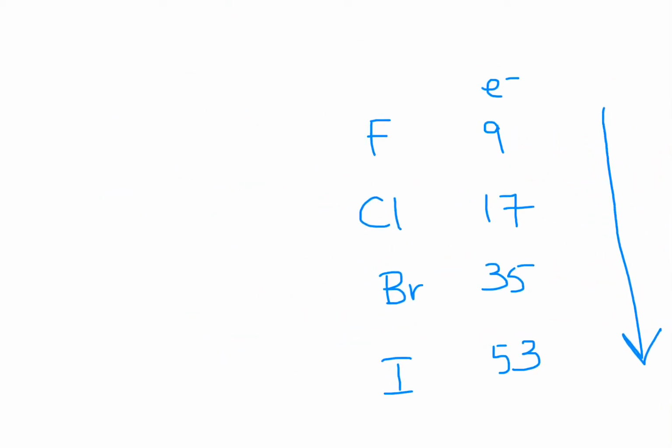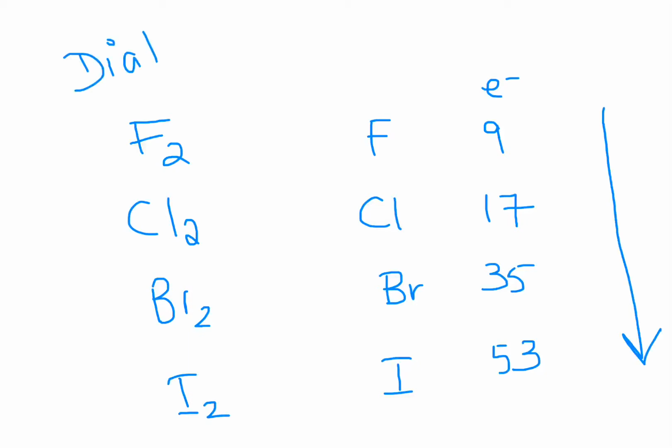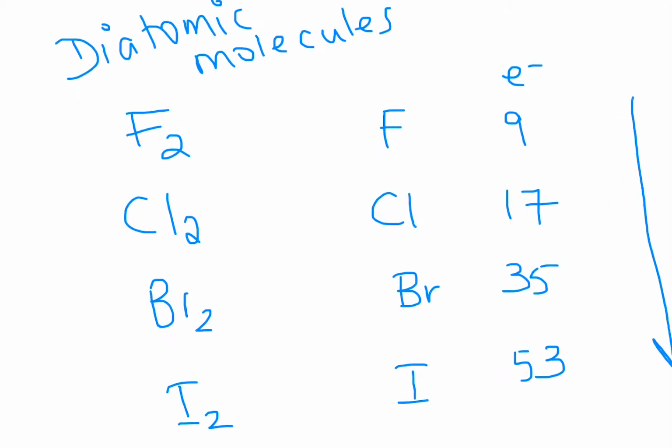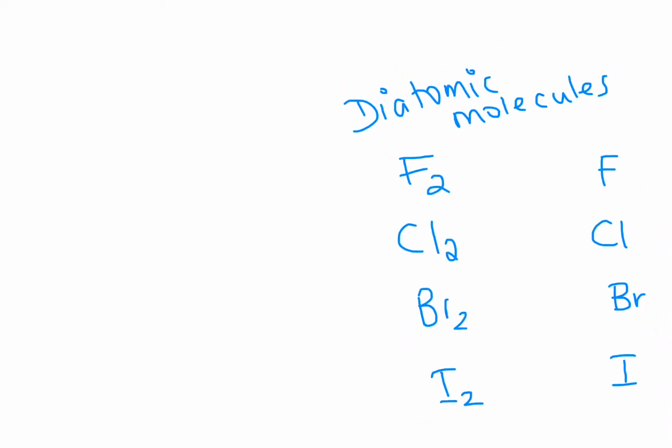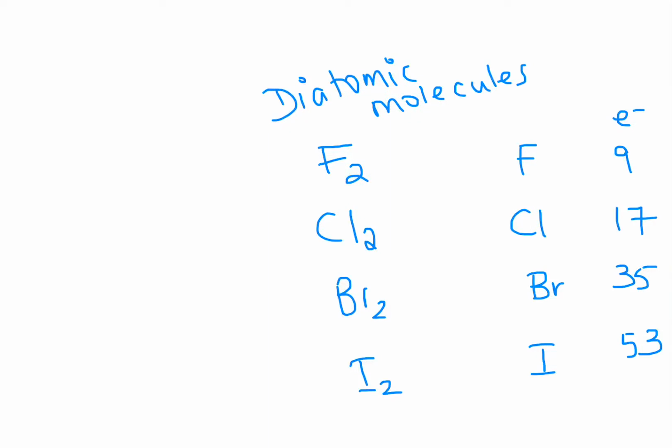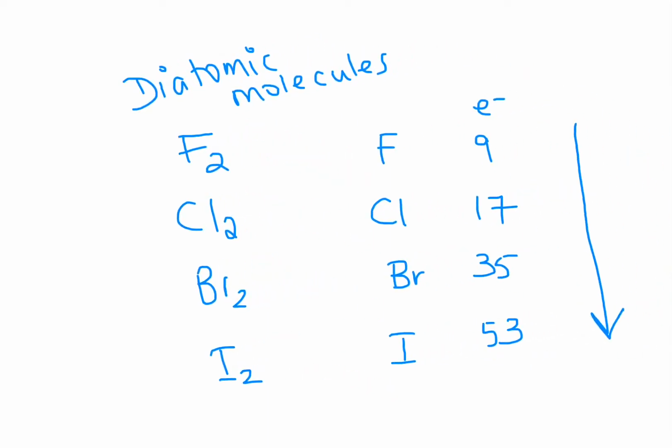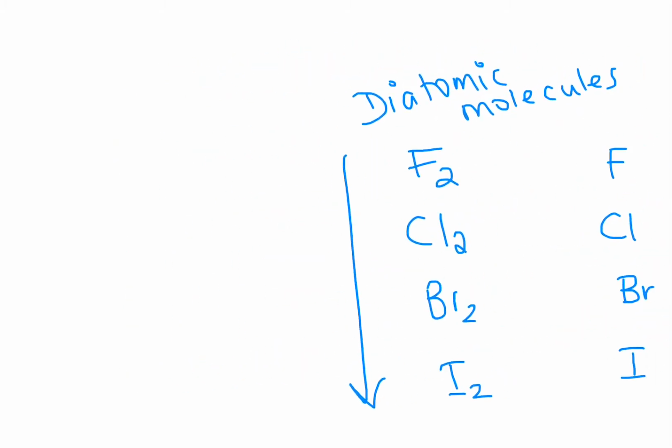So fluorine forms F2 molecules, covalently bonded. Cl forms Cl2, Br forms Br2, I forms I2. These are diatomic molecules, which means that in these diatomic molecules there's going to be covalent bonds inside the molecule, but in between the molecules there's going to be weak van der Waals forces, and as you go down the group, the strength of the van der Waals forces increases.